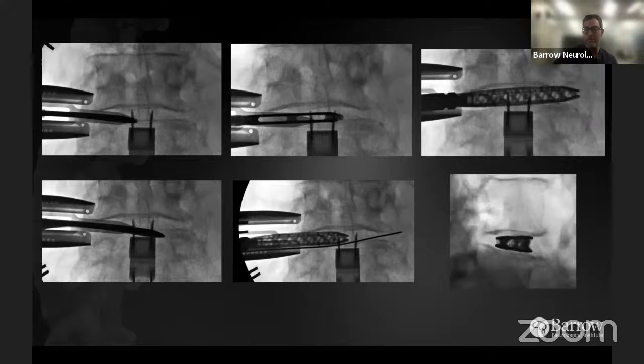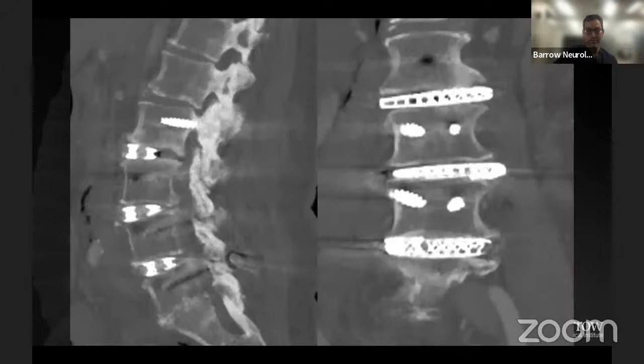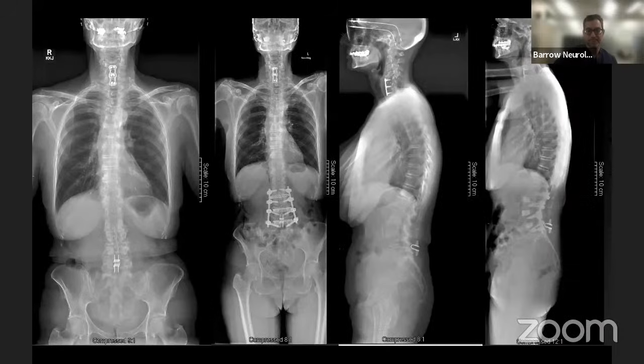And here's the lateral, showing that we were able to maintain the integrity of that endplate. Here were the final X-rays. The other levels proceeded well, and post-operatively, the CT scan shows again the endplate integrity. Here's a post-op MRI showing the nice indirect decompression, and this is the patient's standing X-rays post-operatively.